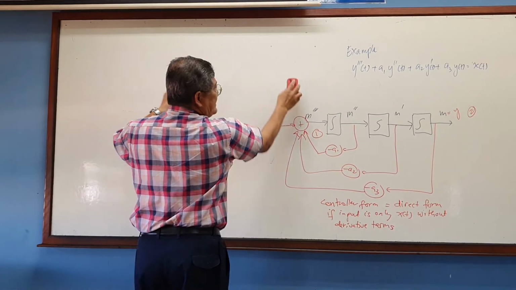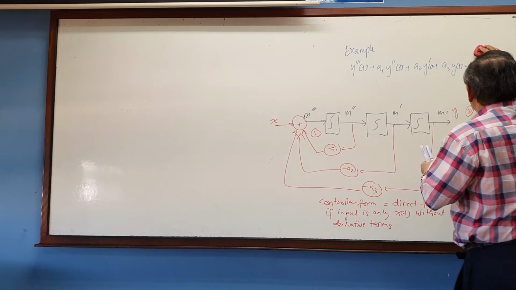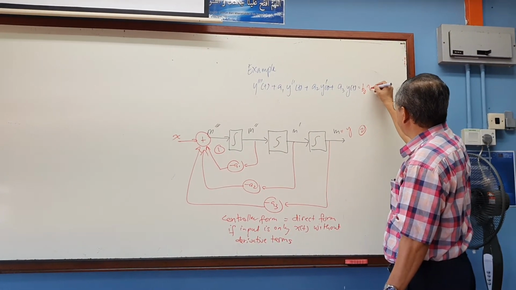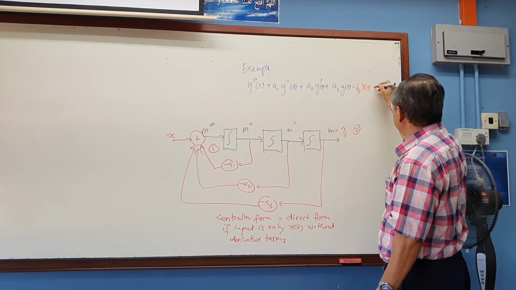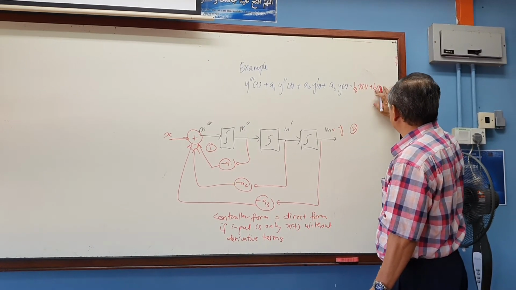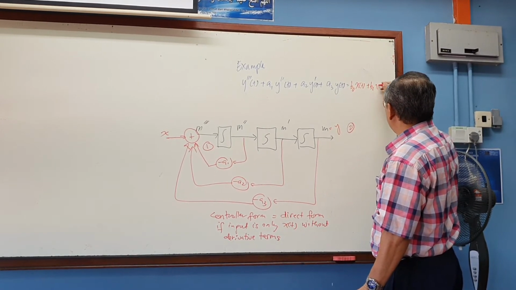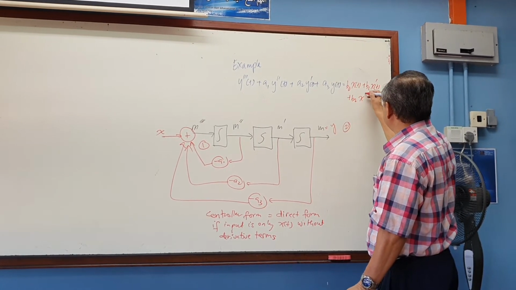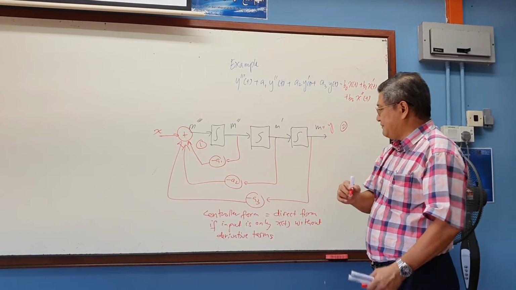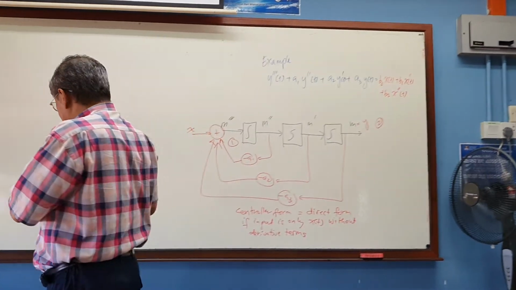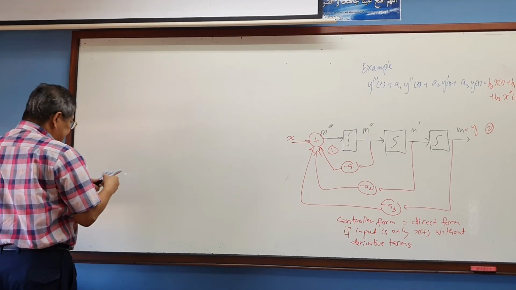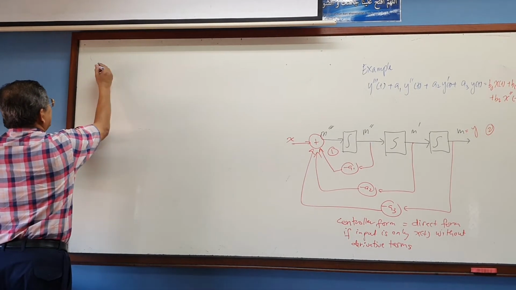Okay, let's say we change the input to additional terms, the same thing as we had before: b naught x t plus b1 x prime plus b2 x double prime t. So the same thing that we're going to do is perform the Laplace transform of such.